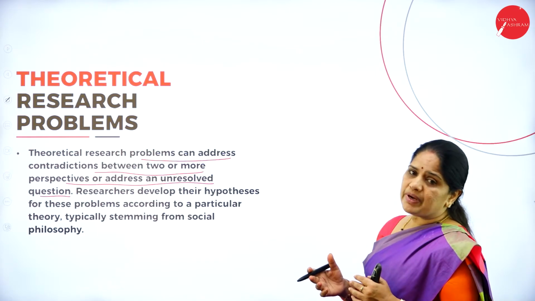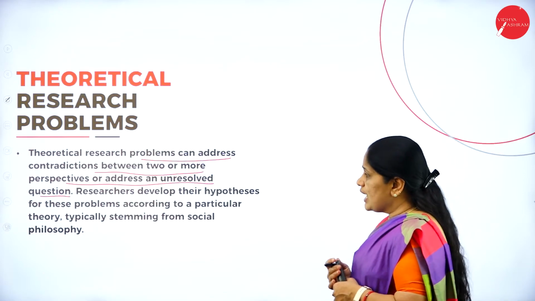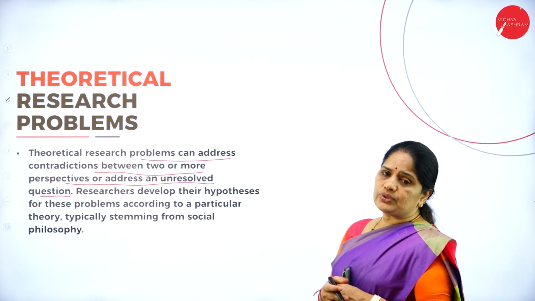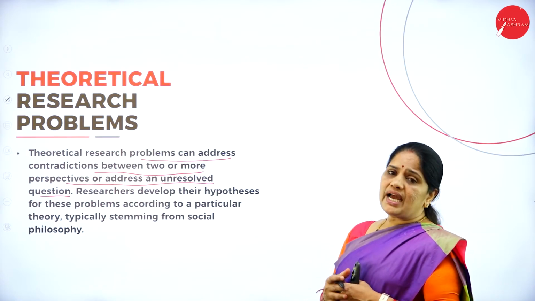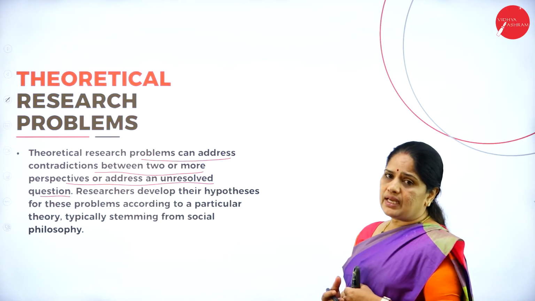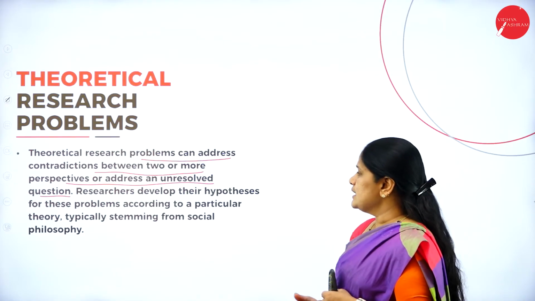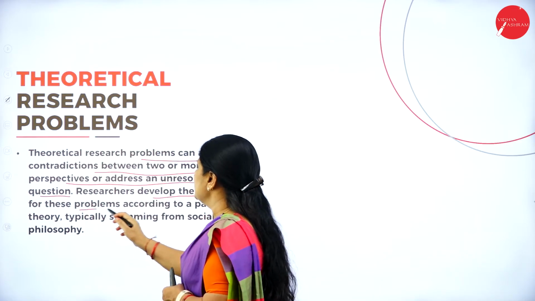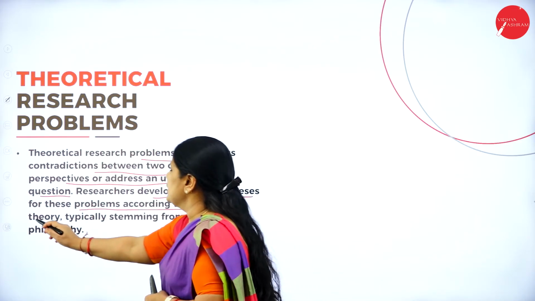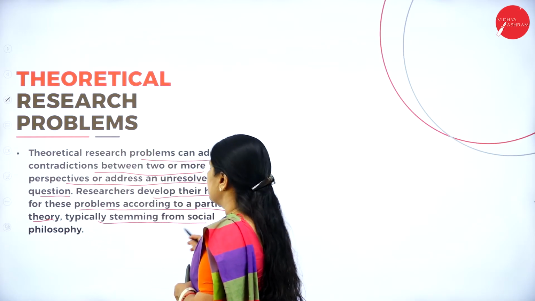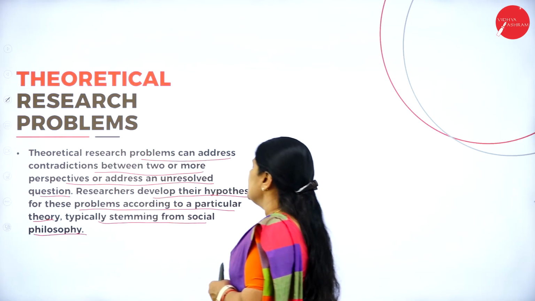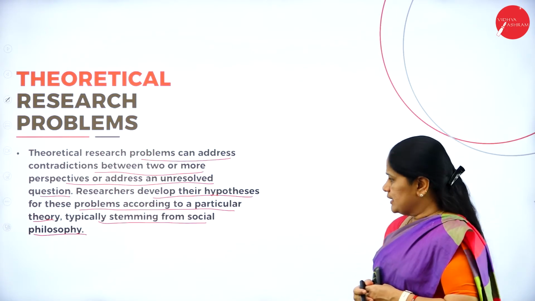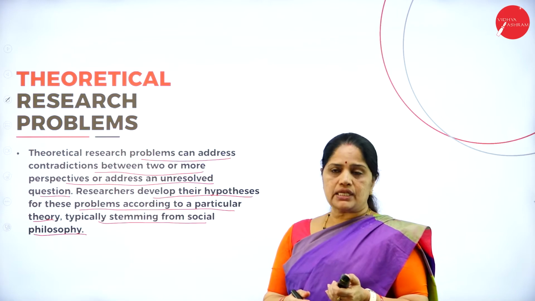So what is the perspective under which they are giving their views, and also these will address an unresolved issue, that is any problem which has to be solved can be solved with the help of this theoretical research. Researchers develop their hypotheses for these problems according to a particular theory, typically stemming from social philosophy. So they have to develop their own hypothesis, and then they have to see what the solution is.